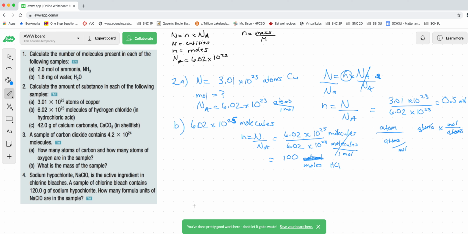All right. And then C, this is where we're going to have to do a multi-step calculation again, because we're given grams of CaCO3. So write down what you know. We know that our mass equals 42 grams. We don't have moles. We do have molar mass, or we can calculate it.